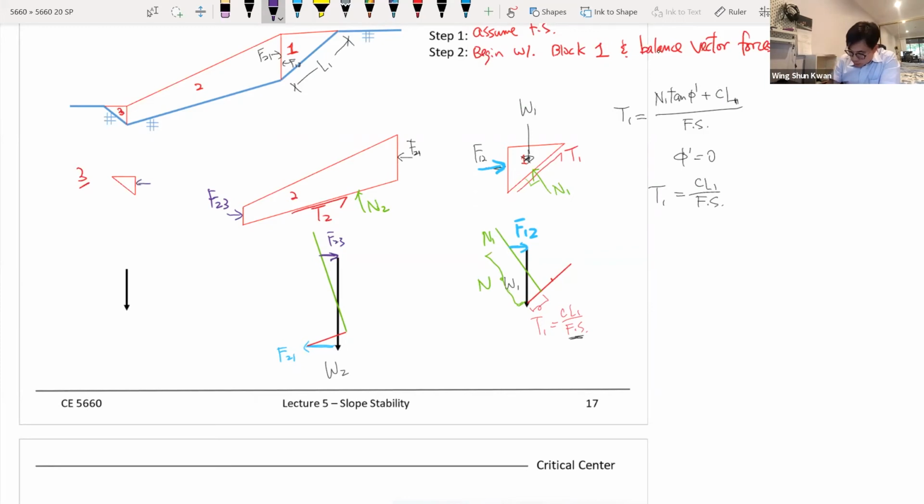And it is given to the third block, but at the opposite orientation. So with that, we can solve for it here. So finally, you will get to your final block. So you know the weight of this. And then now we know the orientation of this, adding at the other side.